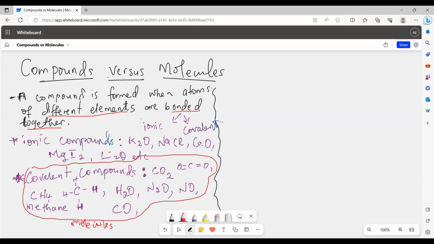So they are molecules, okay? So they're molecules. But that's not all. What are actually molecules?